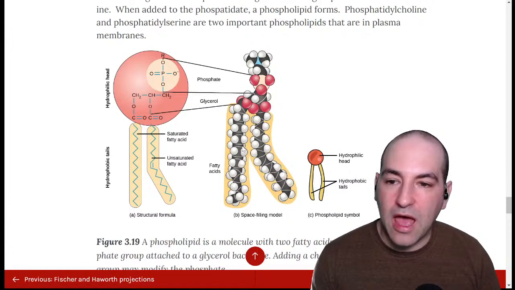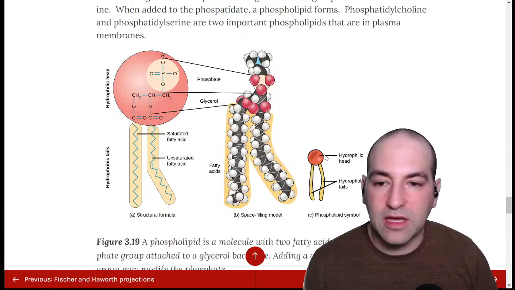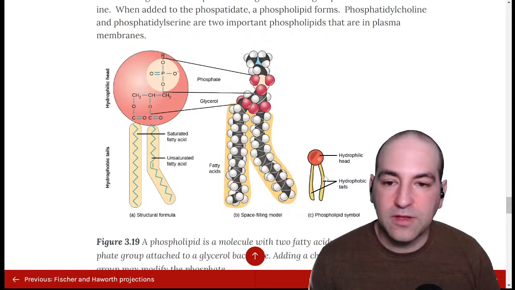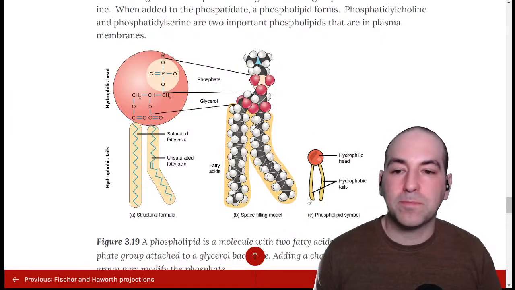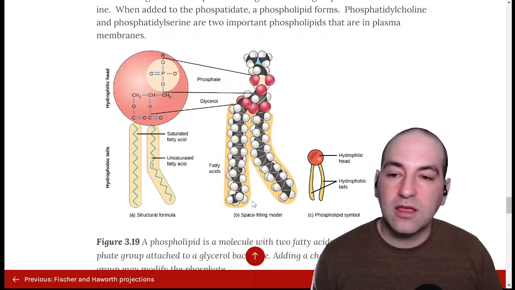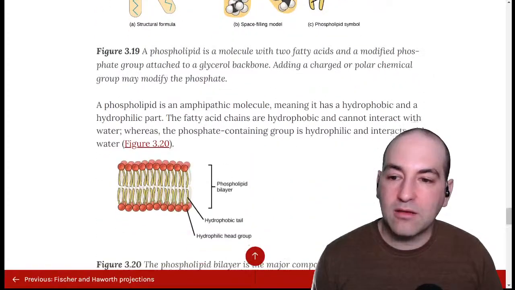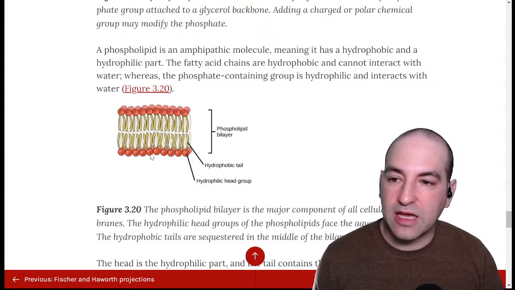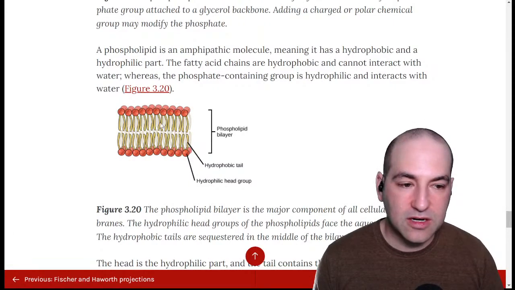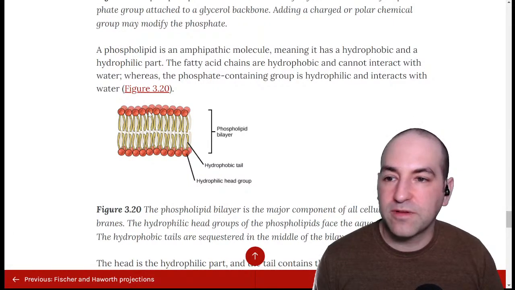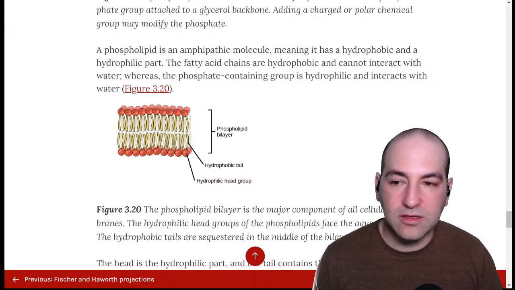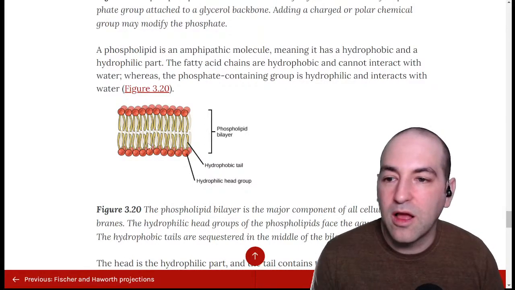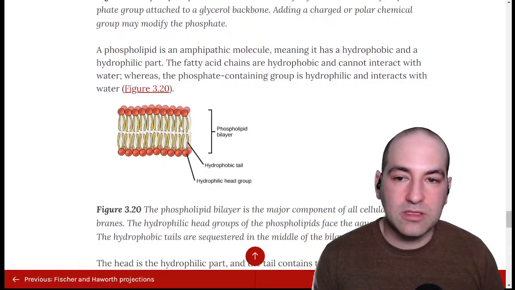So we can look at this as a molecule that has kind of two different sides, the hydrophilic head and the hydrophobic tail. And these organize themselves in a way that looks kind of like this. So there again are our heads and our tails, our hydrophilic heads and our hydrophobic tails. So hydrophobic meaning nonpolar. This is what cell membranes are made out of.